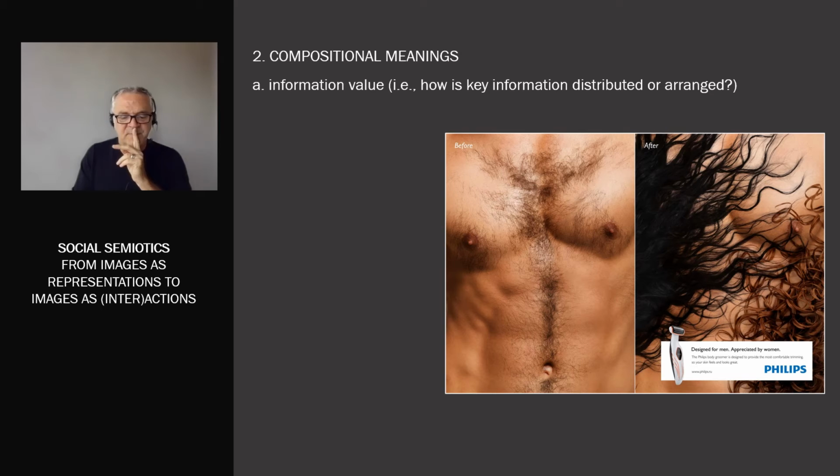This relationship is played with nicely also in the following advertisement, which is clearly composed of two distinct parts on a left-right axis, and even explicitly labeled, in this case, in the top left-hand corner, as before and after, just in case we didn't understand. They're using words to make it clear. Here we have the company Philips promoting a razor designed for men.